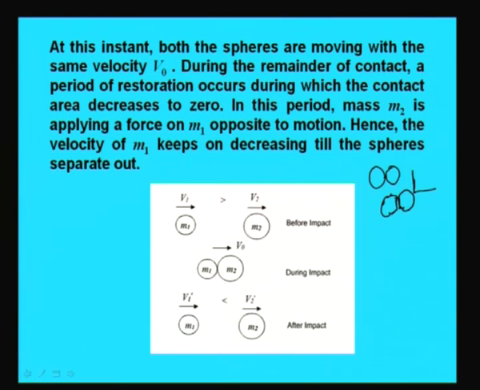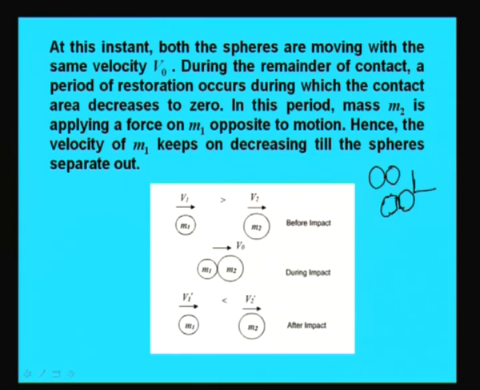During the remainder of contact a period of restoration takes place, during which the contact area decreases to 0. That is in the case of elastic bodies, but sometimes the elasticity cannot be fully recovered.